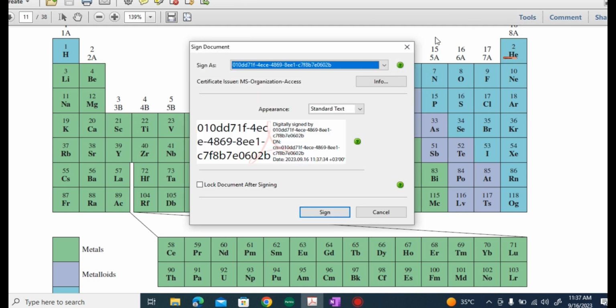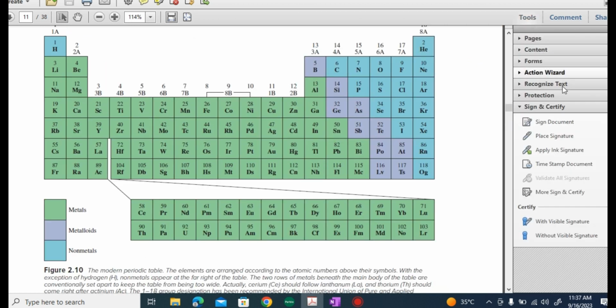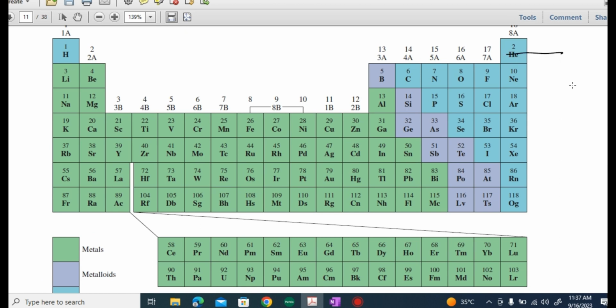These horizontal rows are called periods. For example, this is period 1, this is period 2, 3, 4, 5, 6 and 7. There are a total of 7 periods.